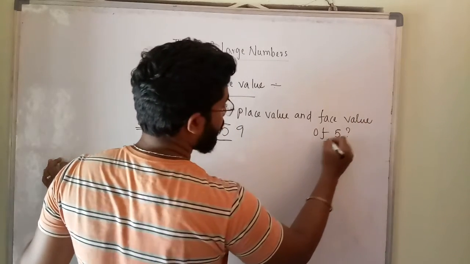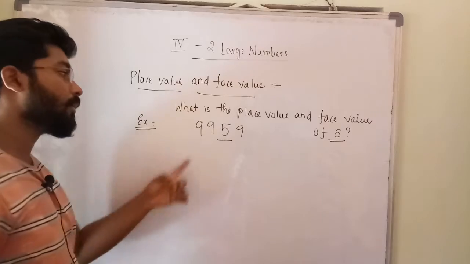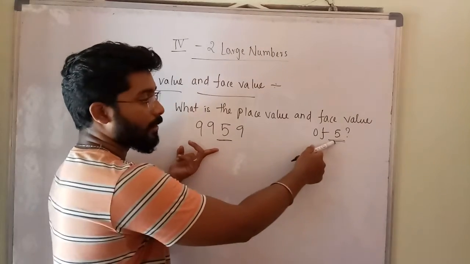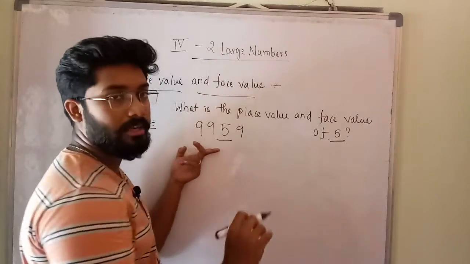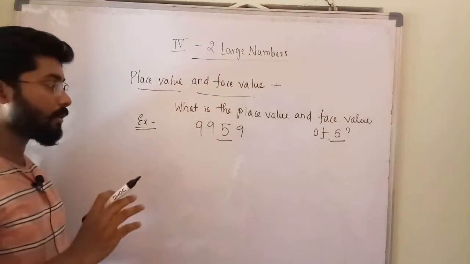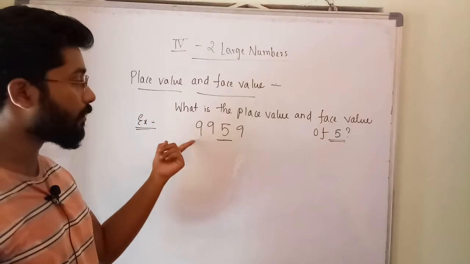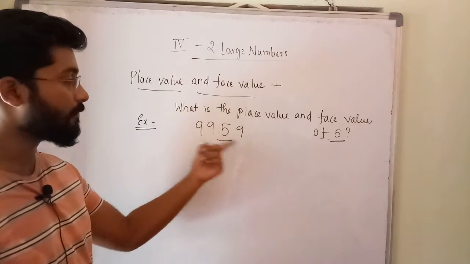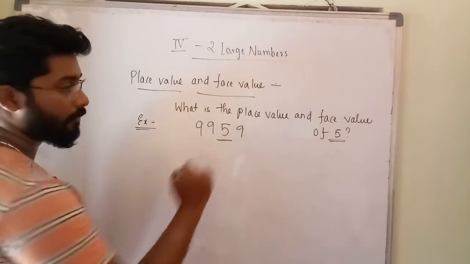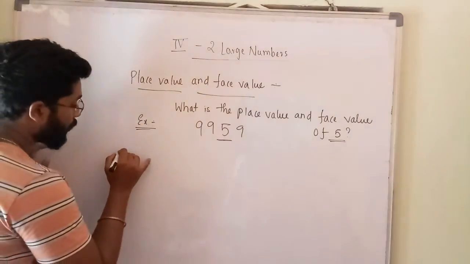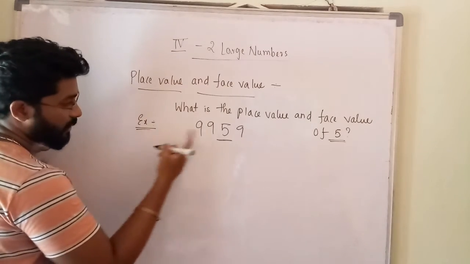I am asking about 5 only. So you have to find the place value and face value of 5 only. If he is asking for the place value and face value of all the digits of the number, then you have to find for everything, for all of 9,959. If he is asking only for a particular digit, you have to find that one only. So he is asking about 5.